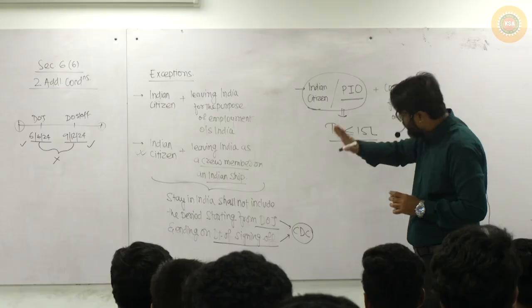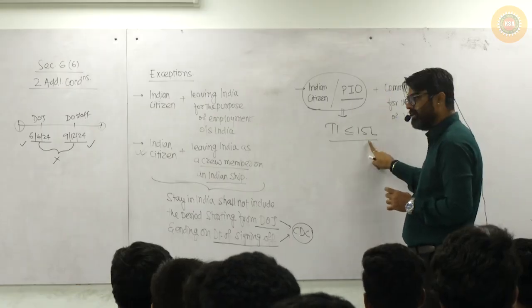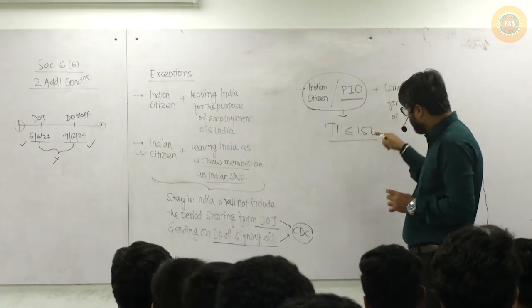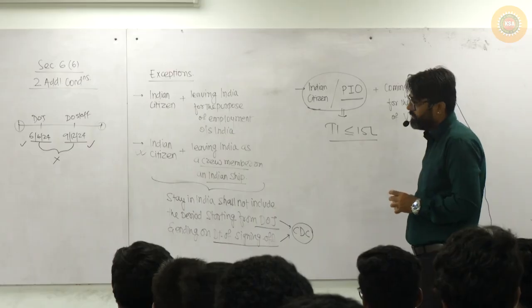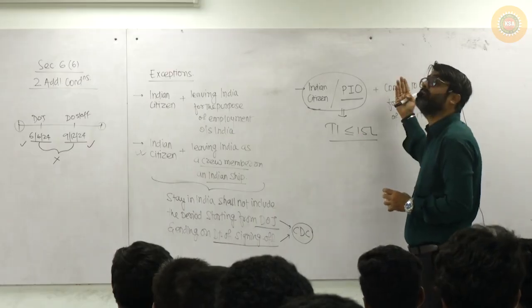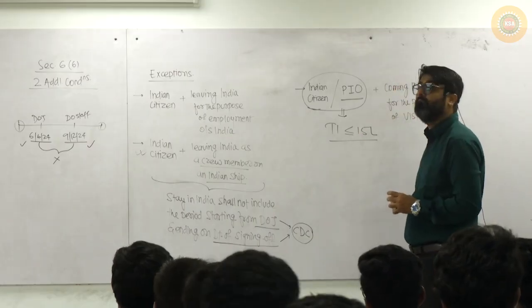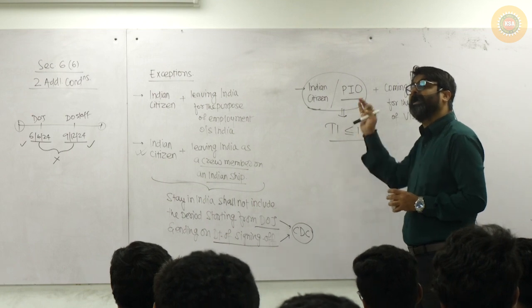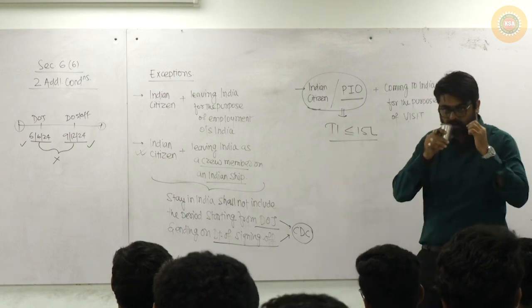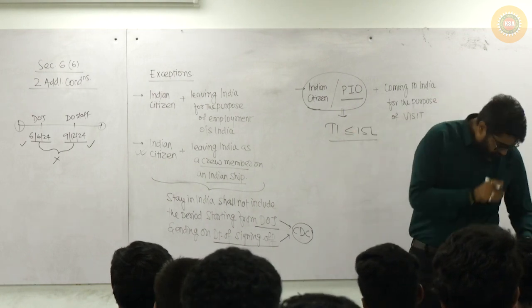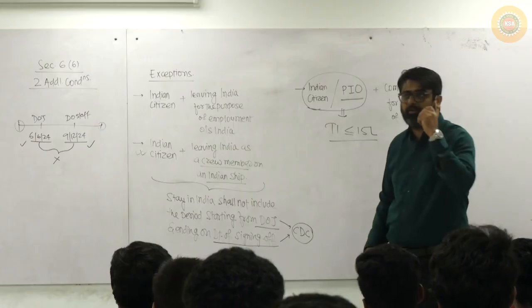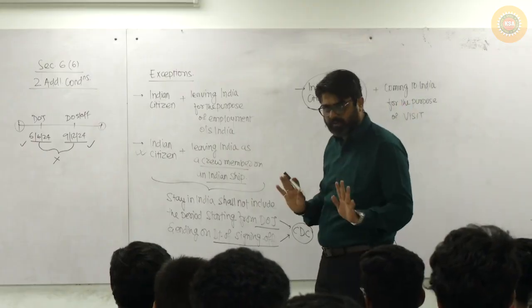See, in order to get covered under the exception, this is the requirement. If this requirement is not met, if the total income exceeds 15 lakhs, will you be covered by the exception or not? Definitely you are not going to get covered, 100%.